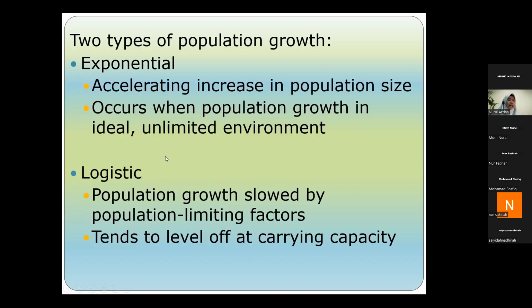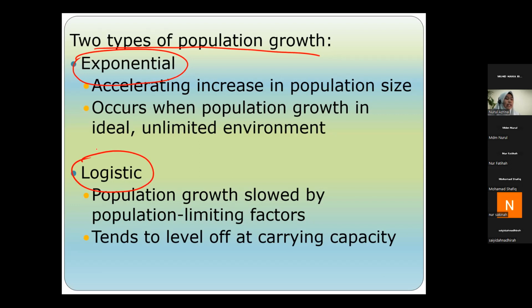Now let's go to the population growth curve, atau bahasa Melayu kita kata lekukan pertumbuhan populasi. So there are two types of population growth. Please remember, if the question is related to the population growth curve, the answer is only exponential growth curve or logistic growth curve.